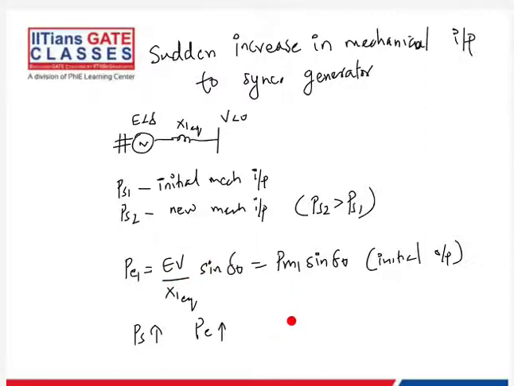So there is a new PE2, which is EV by X1 equivalent sine delta.